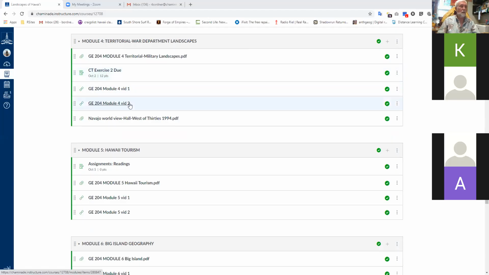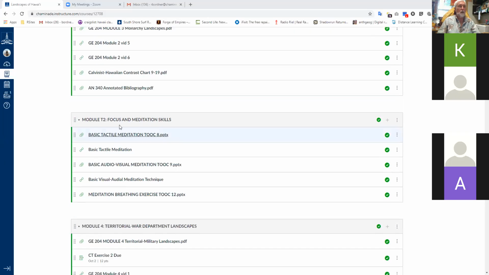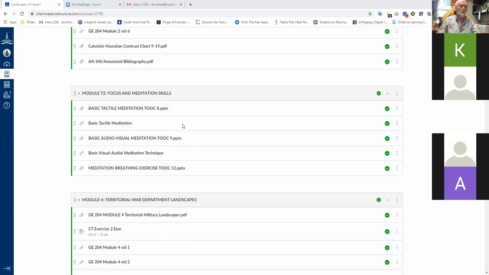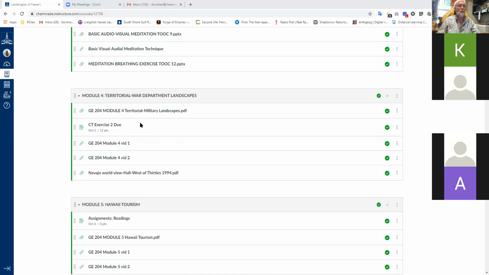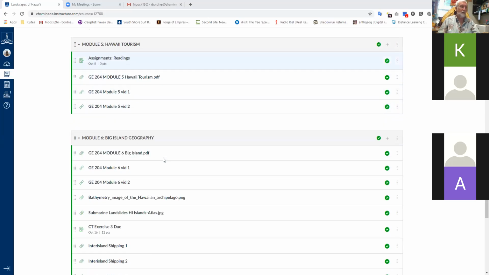My confusion was that I thought folks were asking about these particular sets of modules, which are actually just skills for you to learn. They're to help you get ahead educationally, but they're not part of the course material. Therefore, there are no grades and no critical thinking exercises attached to these, only to the material we're covering this semester.